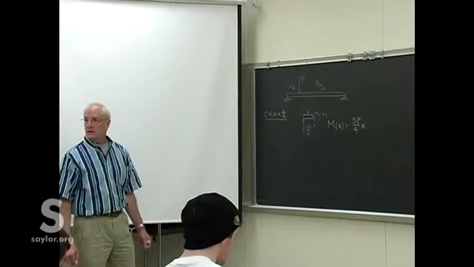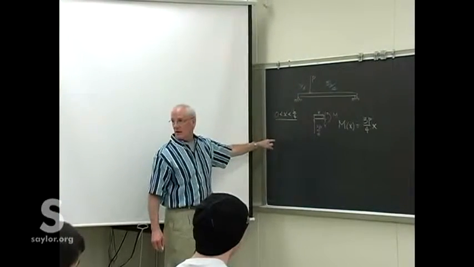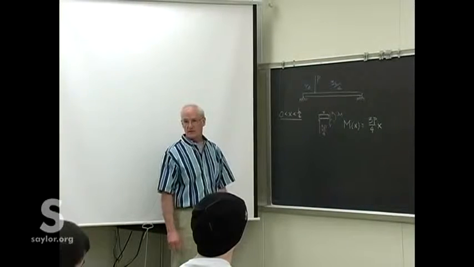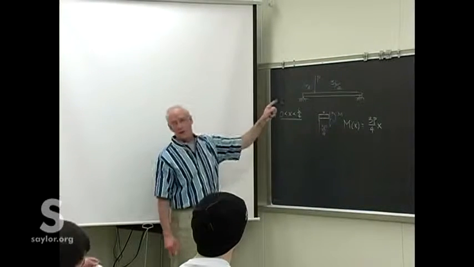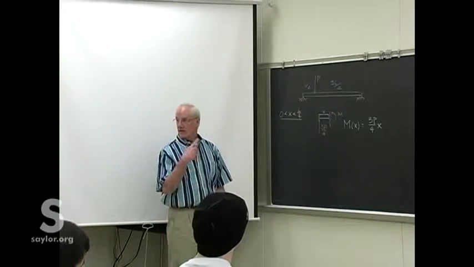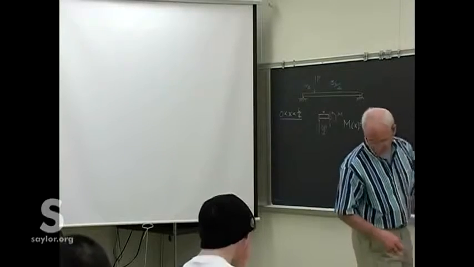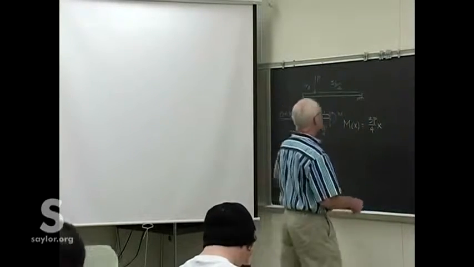So, you guys, at least for this part of the beam, figure out what the deflection curve is. And then we've got to redo it for the right side of the beam, and then we've got to figure out how to tie them together. So, you guys do that.